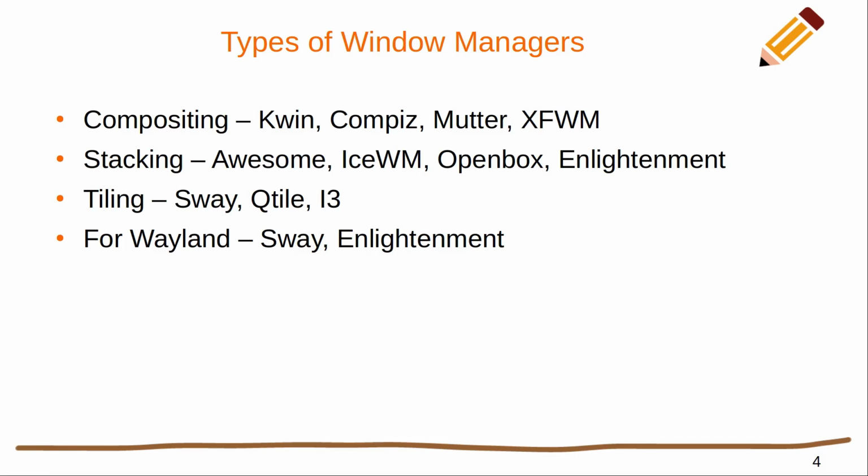On a compositing window manager, there's a copy of the window hidden in memory, and the developer can do everything off screen. So if you resize the window, it's done in the copy off screen, and once that's finished resizing off screen, it'll display it on screen.